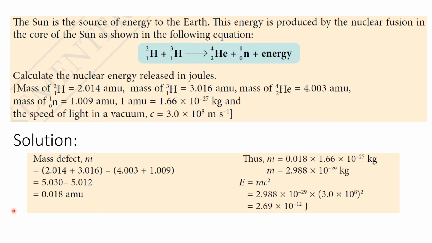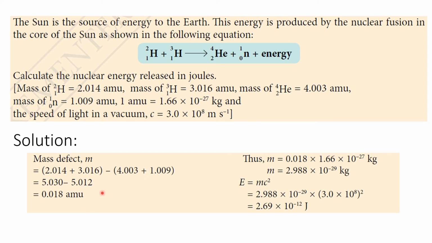First and foremost, you find out the mass defect. The mass defect is the total mass before the reaction minus the total mass after the reaction. And then you will get your mass defect as 0.018 AMU.